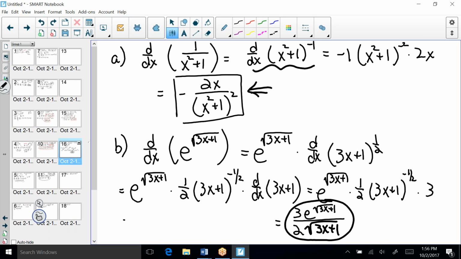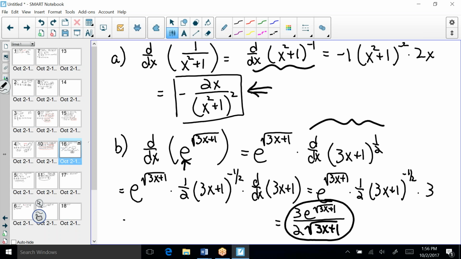And then for problem B, the derivative of e to the square root of 3x plus 1. We have an inside function, which is the square root of 3x plus 1, and an outside function, which is e. So we have to take the derivative of e, which we know is going to be e, at the inside function, square root of 3x plus 1, and then we have to multiply by the derivative of that inside function.